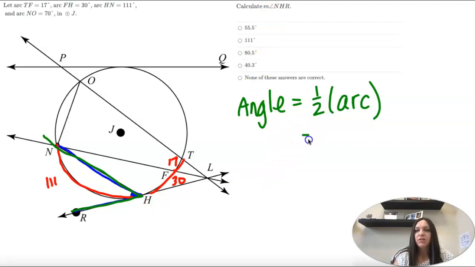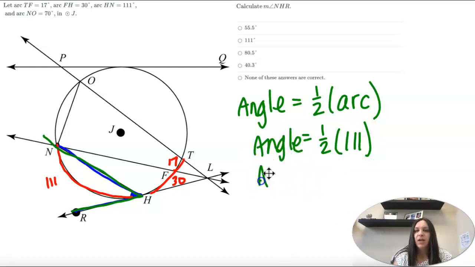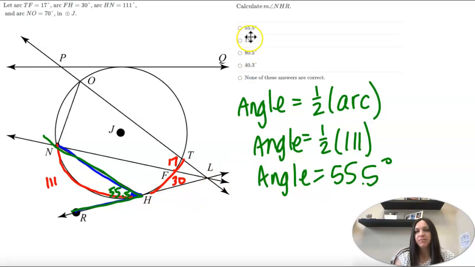So if the arc is 111, we take half of that to get the angle measure. So the angle is 1/2 of 111, which is 55.5 degrees. So that angle is 55.5. So remember, just because you're given numbers doesn't mean you have to use them.